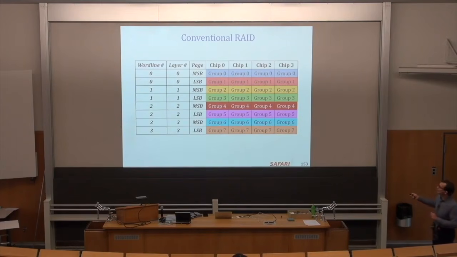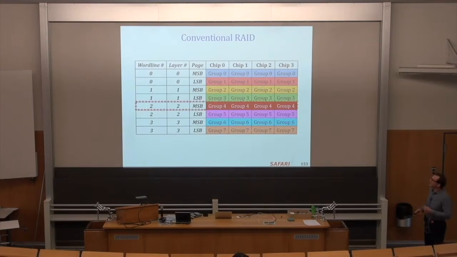All of them may fail at the same time. So if this one fails, this one also may fail, this one also may fail. If you group them together and XOR them or add some redundancy, the probability that you're going to correct this is much lower, because all of them have very high error rates.